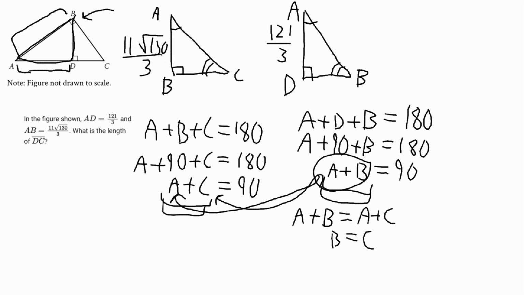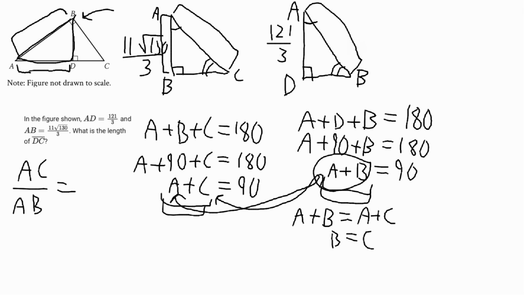So now I can make an equation, and again, using my simple similar triangle rules, I know that the ratio of the hypotenuse of this triangle, so that's AC, divided by AB, which is this side length here, is going to be equal to the ratio of this hypotenuse, which is AB, and remember AB here is also 11 times the square root of 130 over 3, divided by AD.